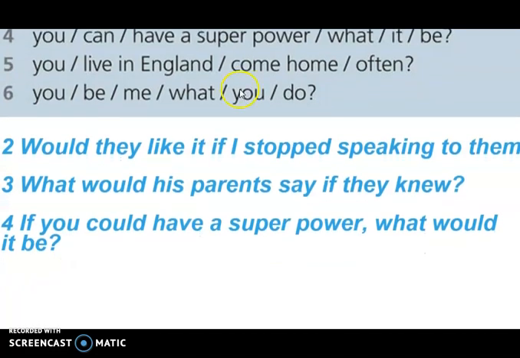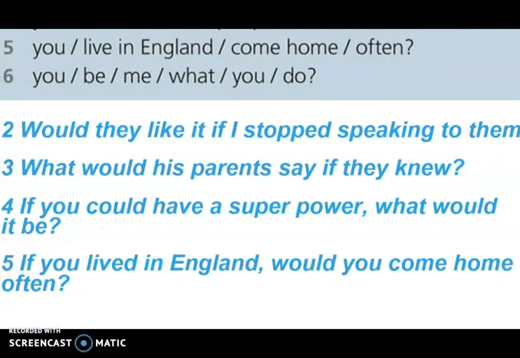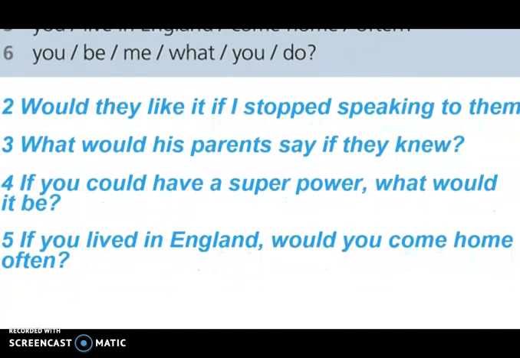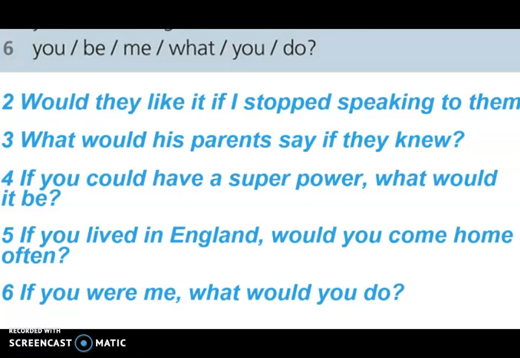Next, you live in England. Come home often? So, if you lived in England, would you come home often? Finally, you be me, what you do. So, if you were me, what would you do?